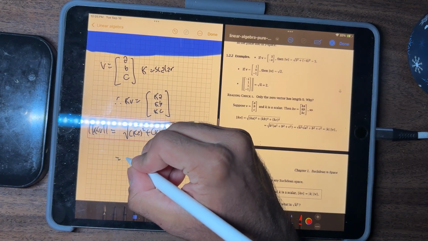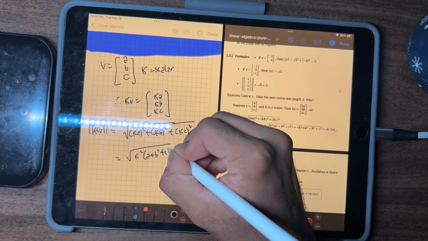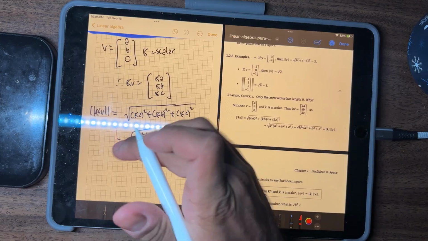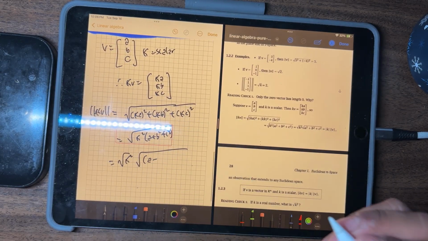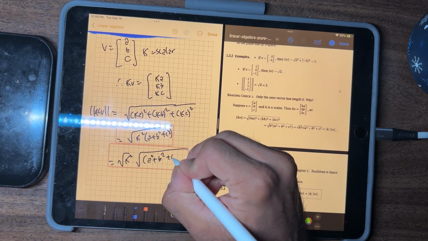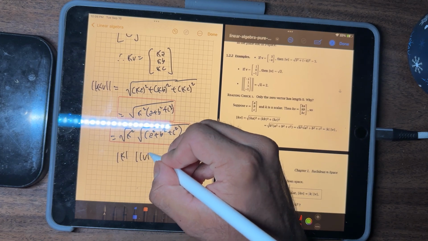Or I can do the root of k square, a square, b square, c square. Or I can do the root of k square, times the root of a square plus b square plus c square. There will simply be kv.